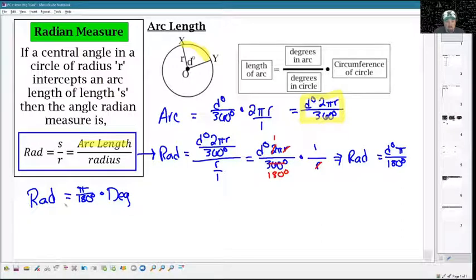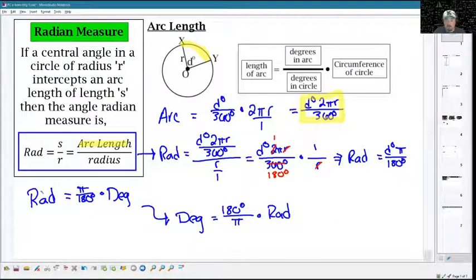Conversely, we could take this and divide to the other side, which means that this fraction would flip over. Now, to get the degrees, we take 180 over pi times our radians. That would take us to degrees.